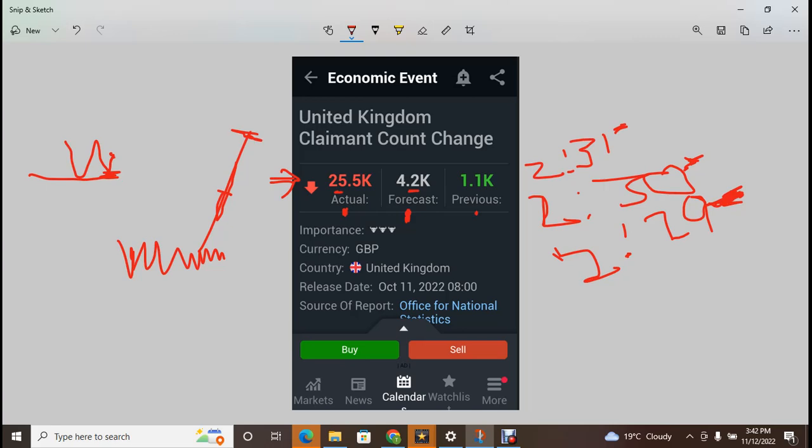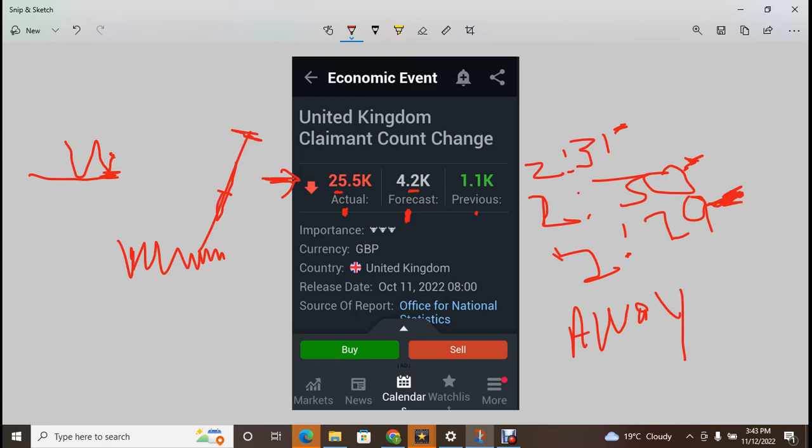These numbers are white, that is neutral. We are saying the news are neutral, meaning you stay away from the market. You don't enter either a sell or a buy. You stay away. That is neutral.